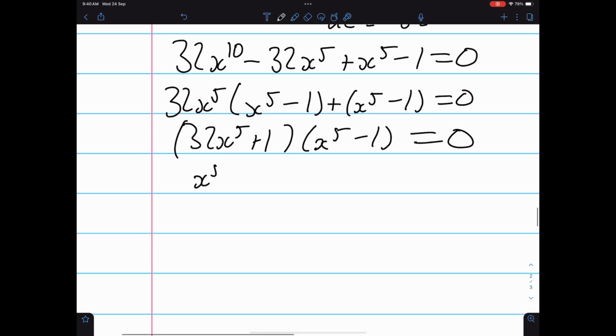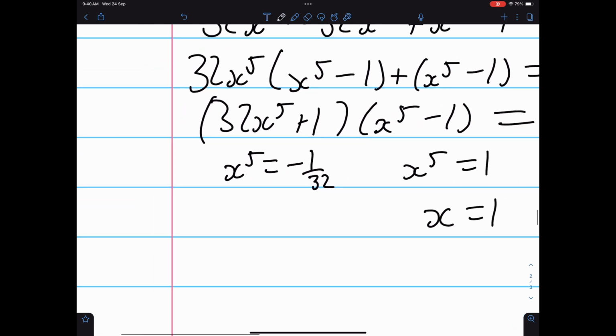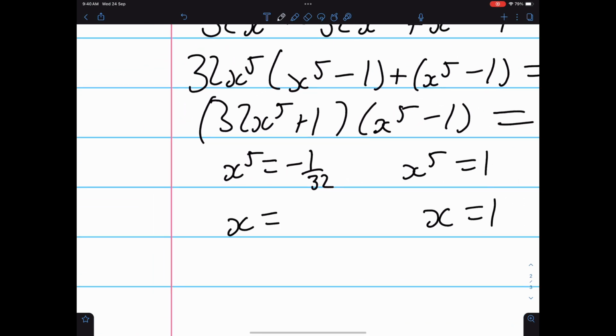So we get x to the power of 5 equals negative 1 over 32, or x to the power of 5 equals 1. So for 1, it'll just be 1, and you can't have negative 1 as a solution to that. And on this side, you can take the fifth root of a negative number, and that'll just be negative half.